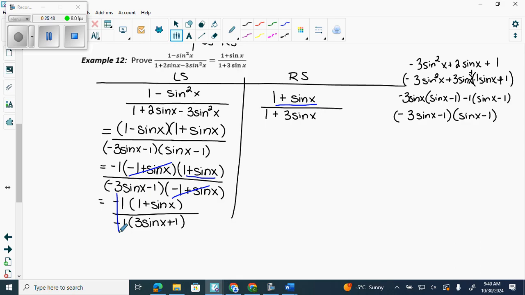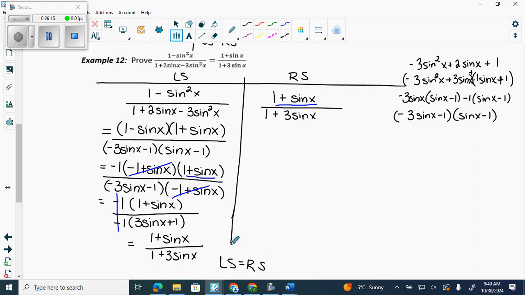My grandma would not say those match. First off, even if the ones weren't there, she would say they don't match. So I would rearrange those. I could rearrange this one, or that one. It doesn't matter, because I take the sign that's in front of the term. They're both positive anyways. So I'm going to get 1 plus sine x over 1 plus 3 sine x. So left side equals right side.